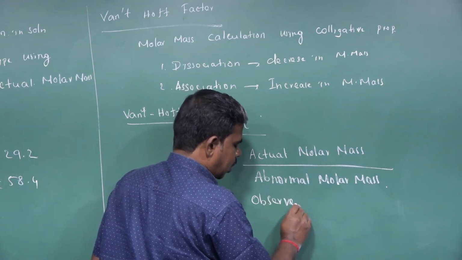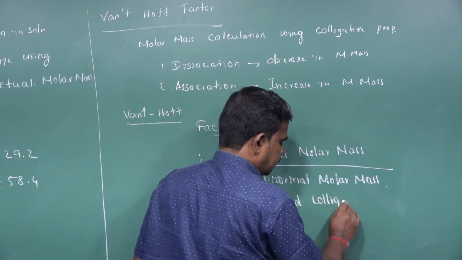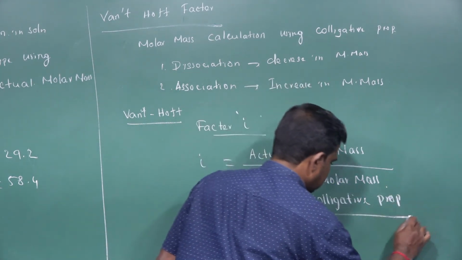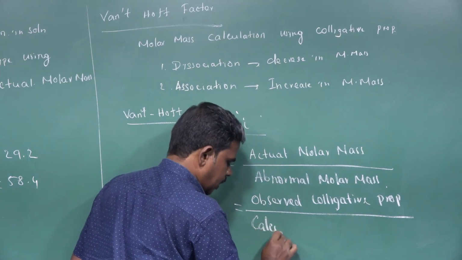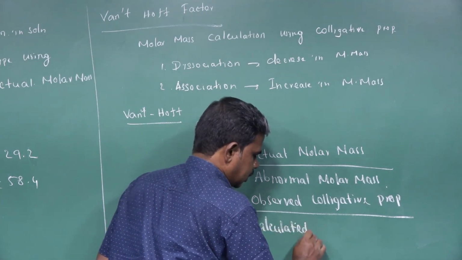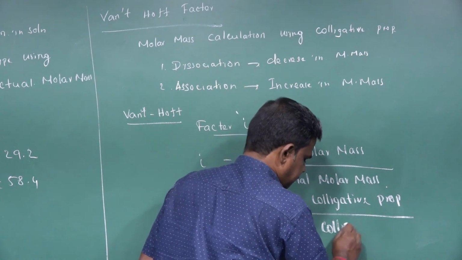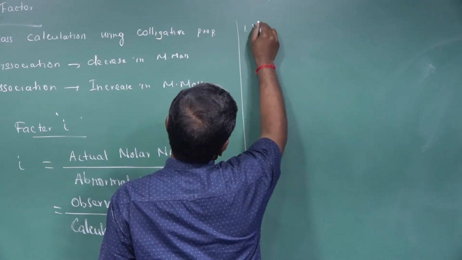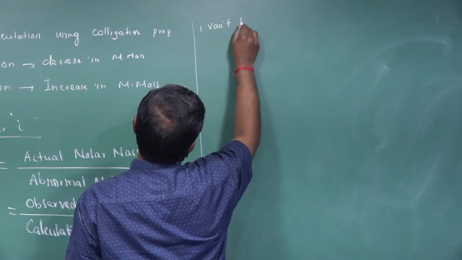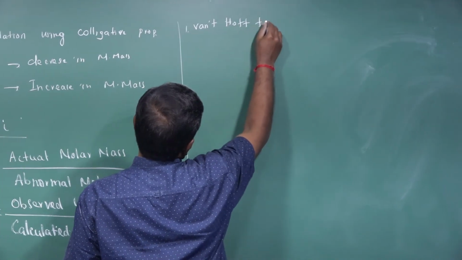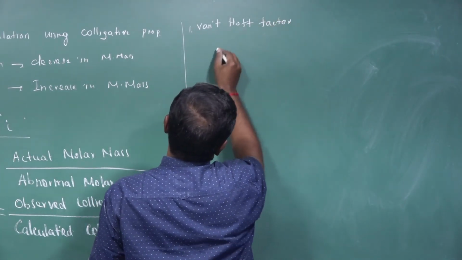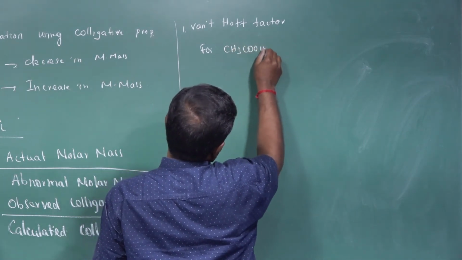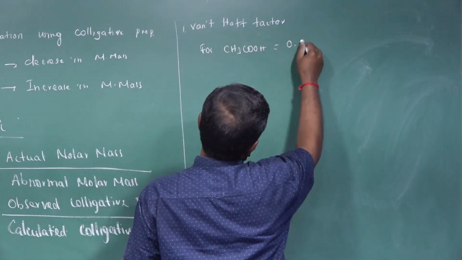The Van't Hoff factor for acetic acid, CH3COOH, is 0.5.